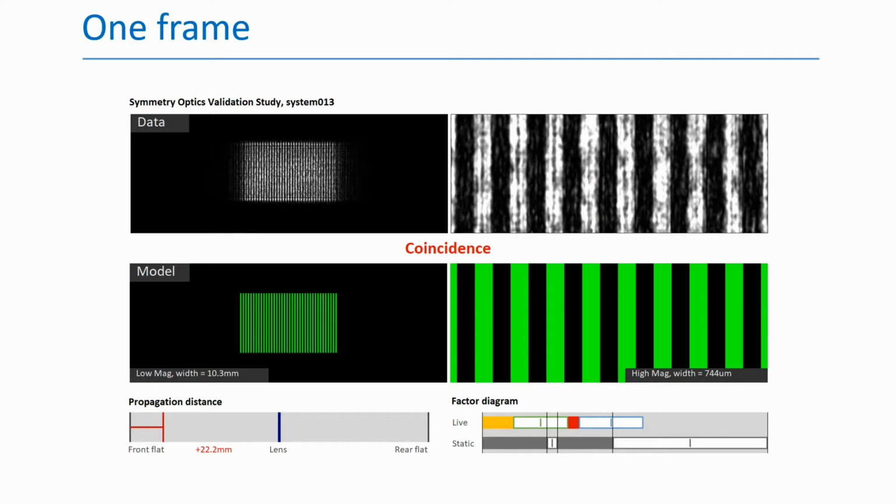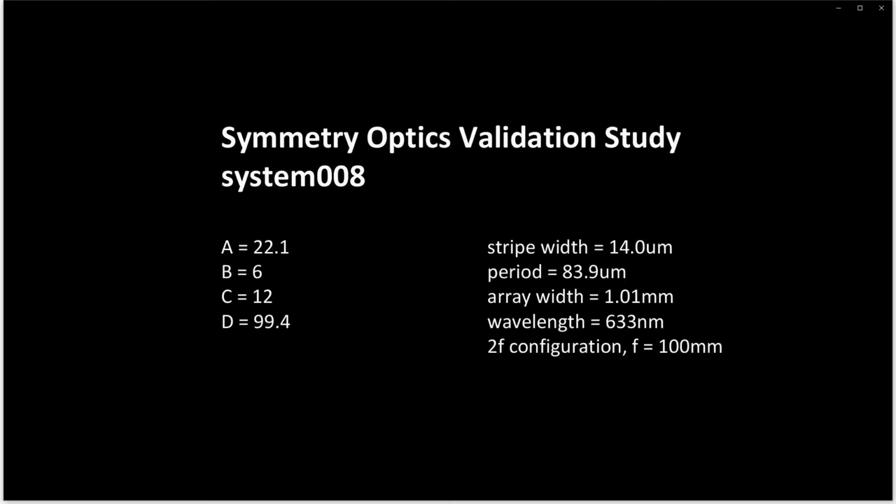And finally, each frame contains this element showing where the plane is in physical space. This is the front flat, the lens, and the rear flat. And right now, we're seeing the plane indicated by this vertical red line, which is 22.2 millimeters after the front flat. Let's watch one of the result videos.